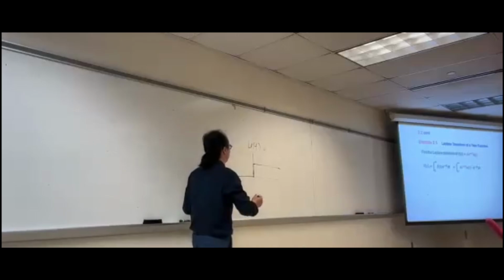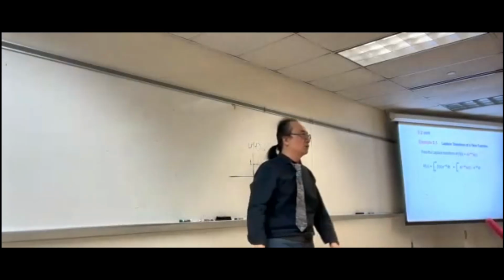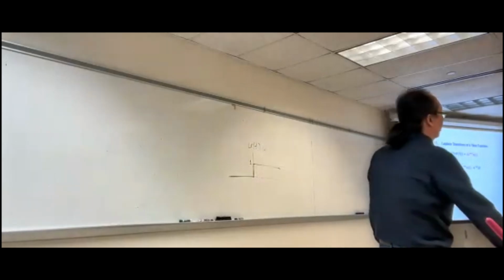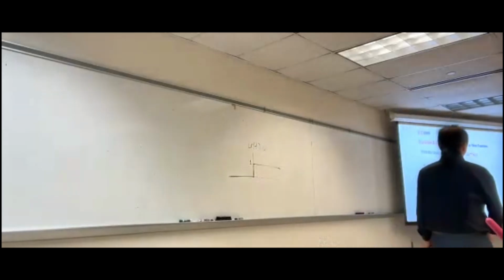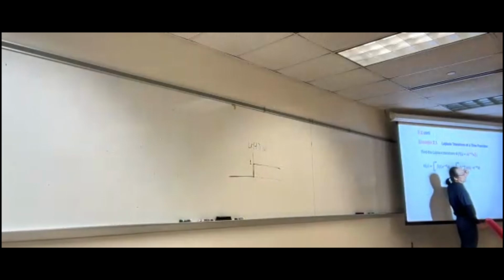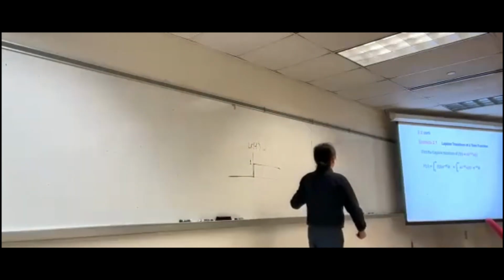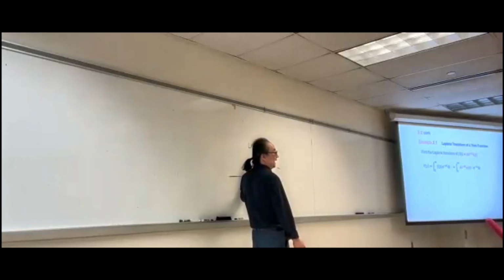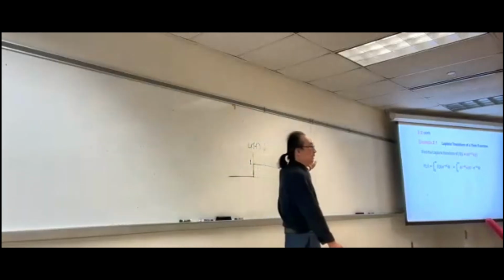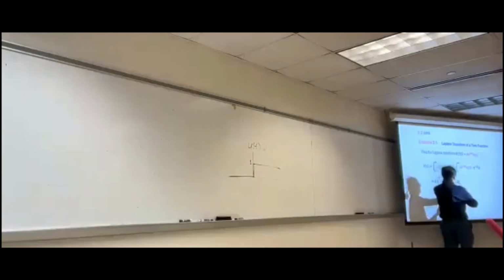It is 1 for t greater than 0, and everything less than 0 is going to be 0. If we have u of t multiplying some function, like the e to the at graph, we only take the part larger than 0, so only the positive side. And we can combine e to the at and e to the negative st.